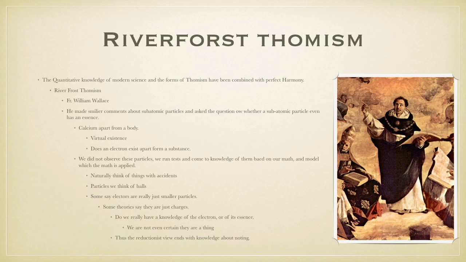Just as calcium is not actually calcium when it is part of the body, so also subatomic particles, such as electrons, do not exist as actual electrons when they are part of an atom. But a deeper question is, do electrons even exist apart from a substance? Do they ever have their own essence?